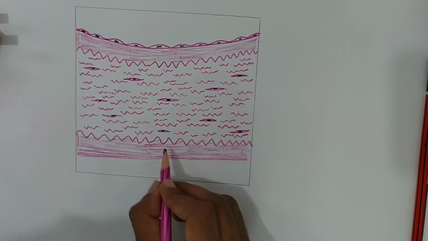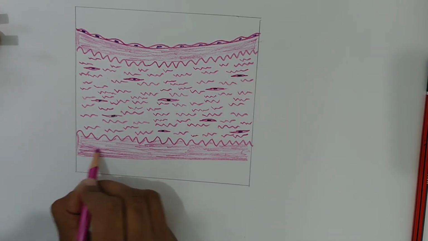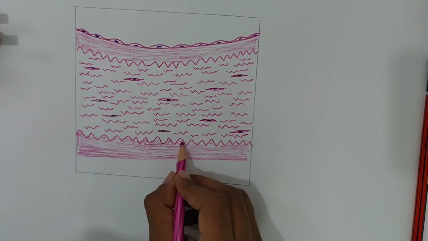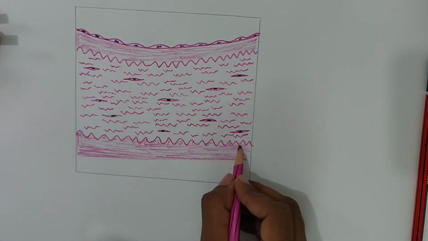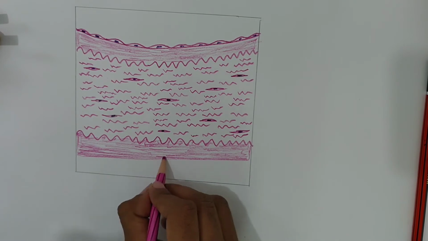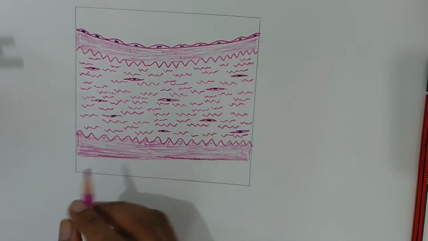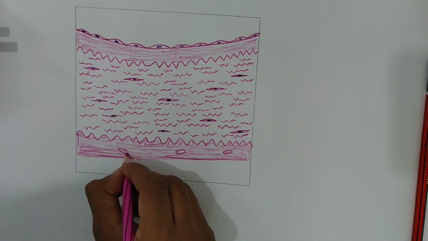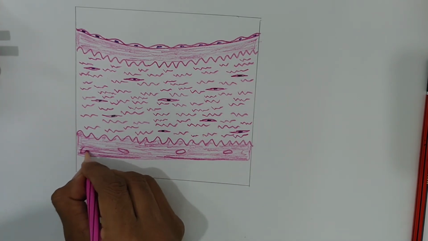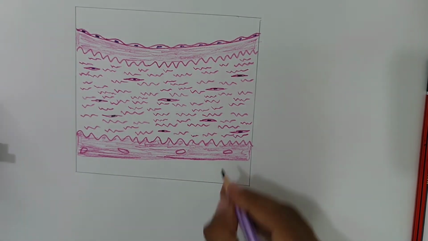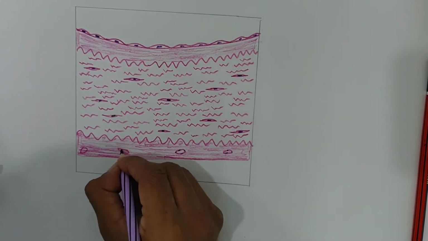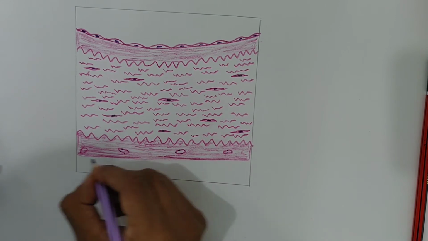And in the dense connective tissue, there is the presence of small arteries. These are called vasa vasorum. Let's draw it. These are nothing but the vasa vasorum.